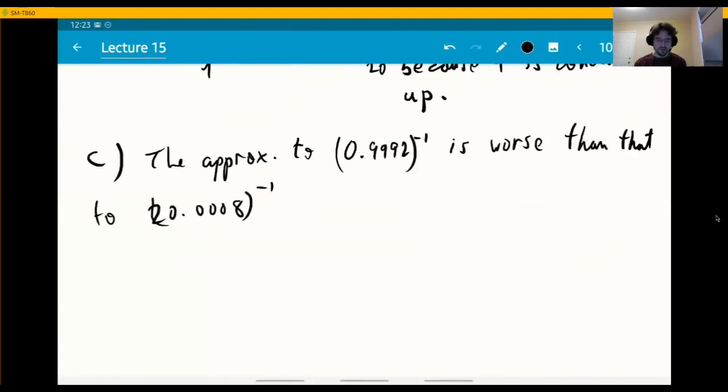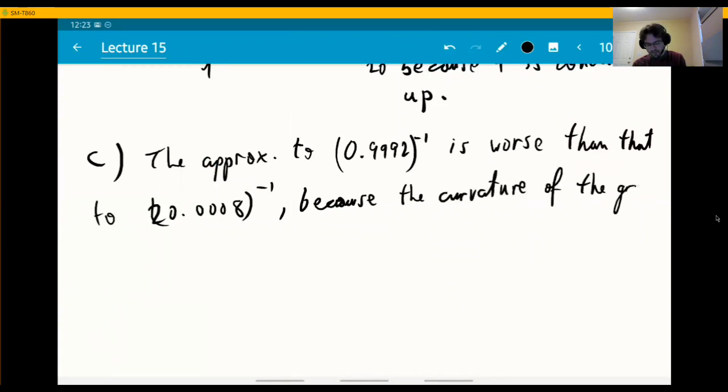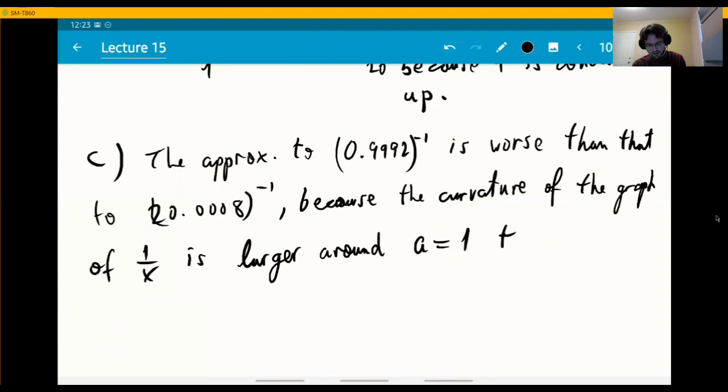I'm gonna write parentheses here because the curvature of the graph of 1 over x is, you can say larger, you can say stronger around the number a than around the number b. This is how you justify your answer.